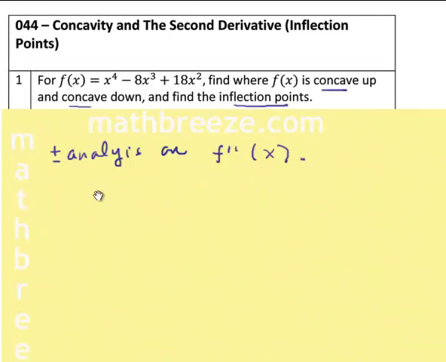So let's do that. Let's take the second derivative. Sorry, first we'll start with the first derivative, one step at a time. The first derivative, using the power rule, is 4x cubed minus 24x squared plus 36x.